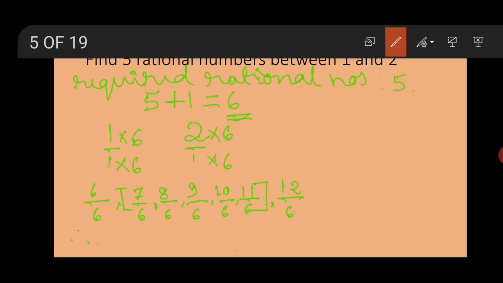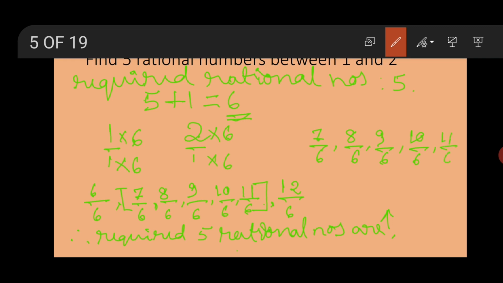Therefore, the required 5 rational numbers are, I will write here, 7 by 6, 8 by 6, 9 by 6, 10 by 6 and 11 by 6.